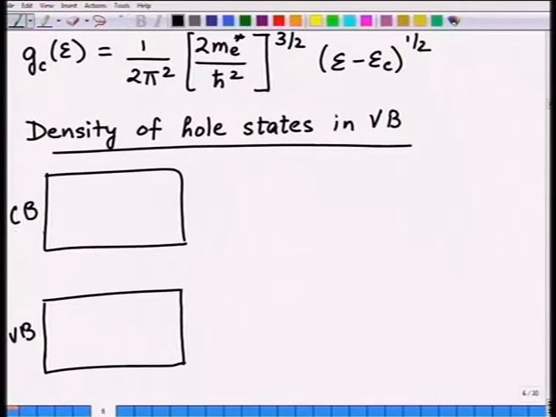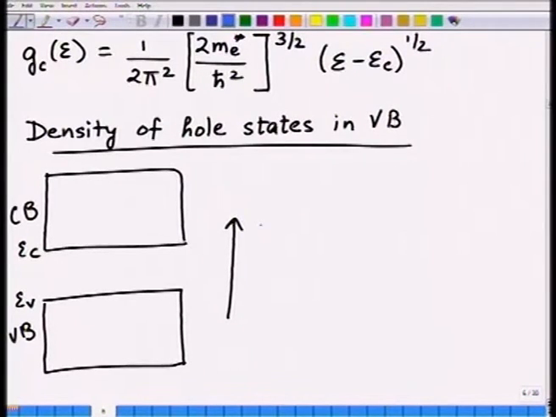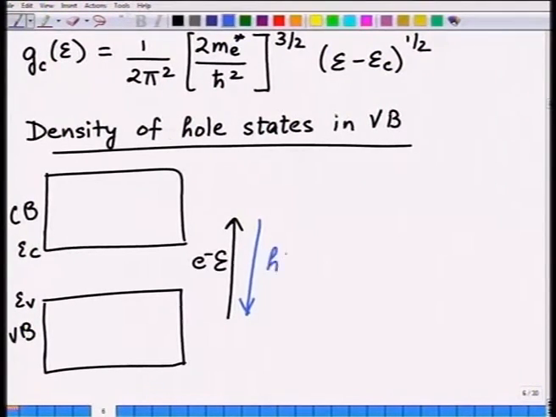If electron energy increases like this, here is EC, here is EV, so electron energy is increasing like this, then hole energy must be increasing like this. This is the hole energy, and it must be increasing this way.